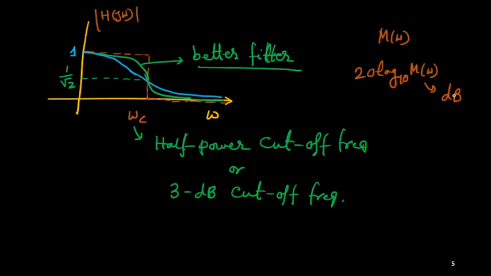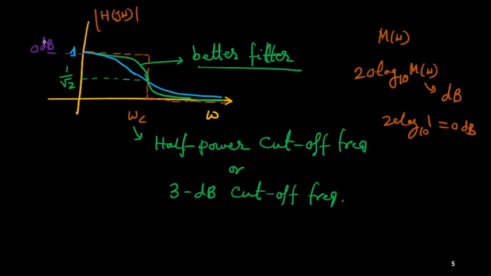So if M of omega is 1, then what is the value? 20 log of 1 base 10, obviously it is 0 dB. So this height we can consider as 0 dB.